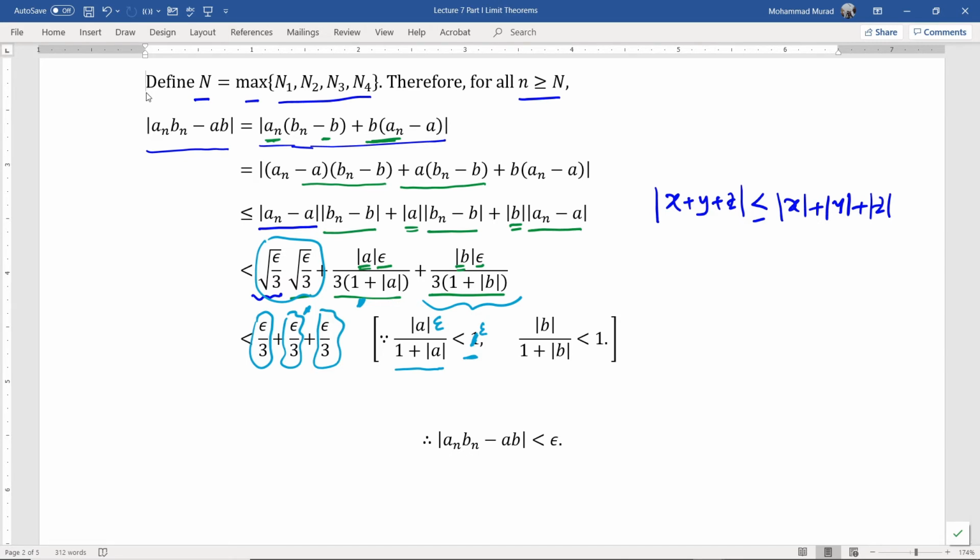Therefore, we prove that the left-hand side is smaller than this sum, which is simply epsilon.